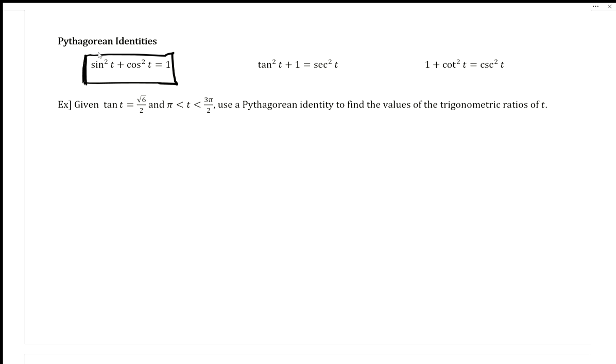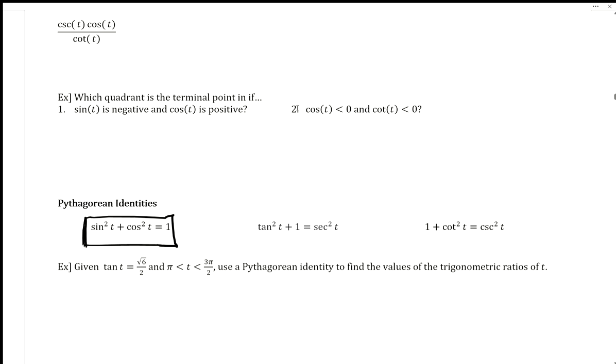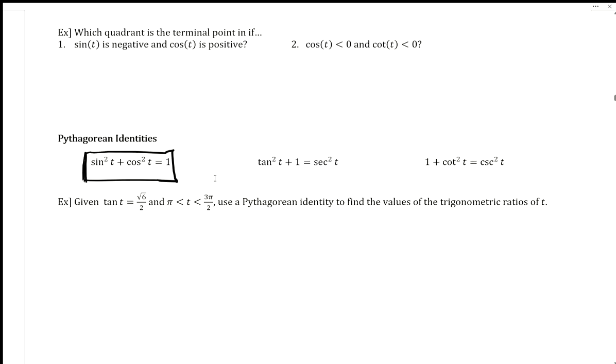All right, so Pythagorean identities. This is the main one, the one that I already boxed. Sine squared of t plus cosine squared of t equals 1. And where it comes from, let me scroll to a little bit of a blank spot. If you have my notes, these were from a previous video, but I'm just going to mark over here.